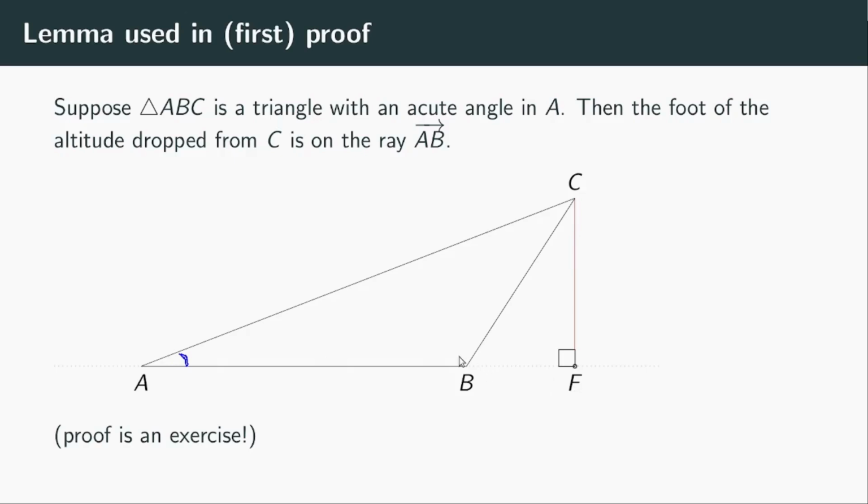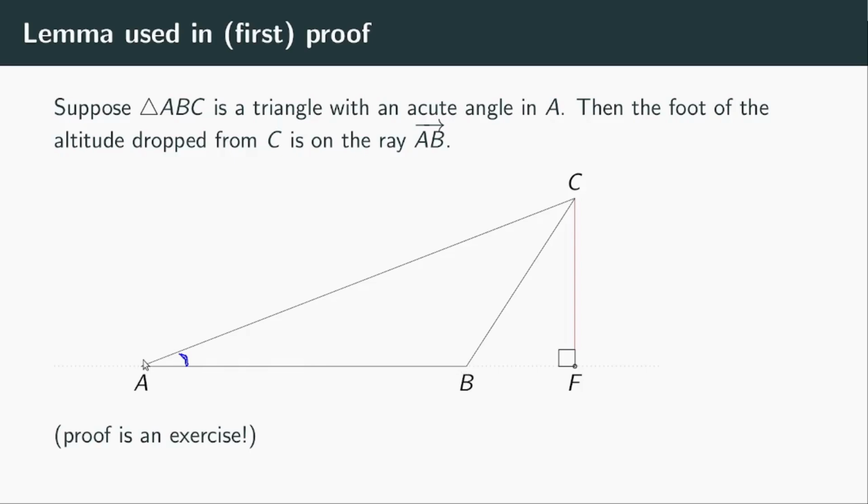So in my example here, I have a very nice acute angle in A, and I happen to have an obtuse angle in B. So it's illustrating exactly what we need to worry about. However, if both the angle in A and the angle in B are both acute, then obviously F has to be on the segment AB, because it's simultaneously on the ray AB and on the ray BA.